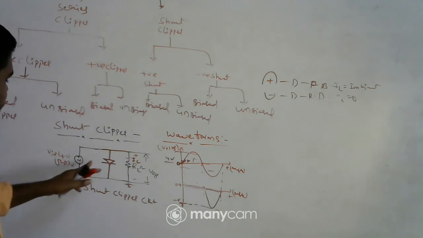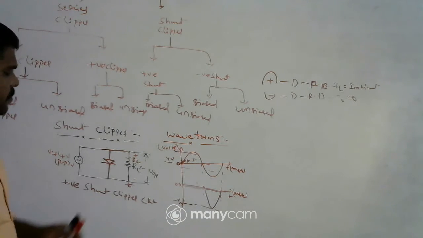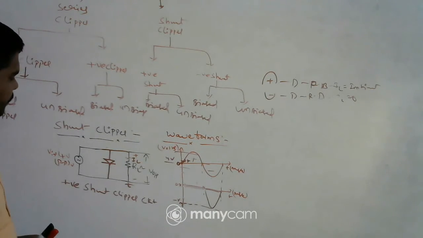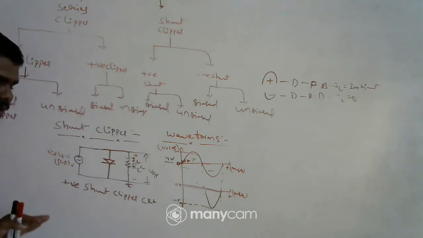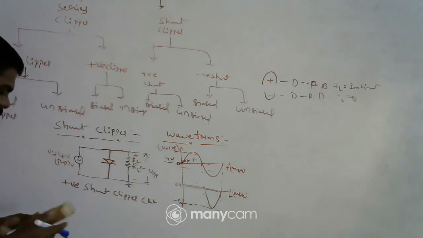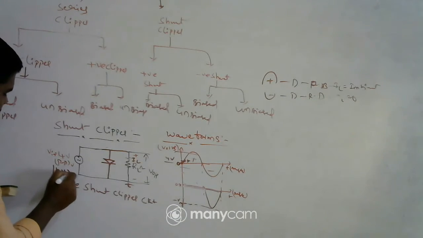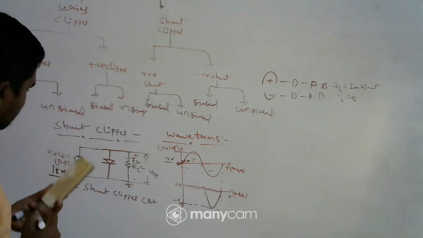Now see the circuit operation of the shunt clipper. The same input, 4 volts peak to peak, with 1 kilohertz frequency.